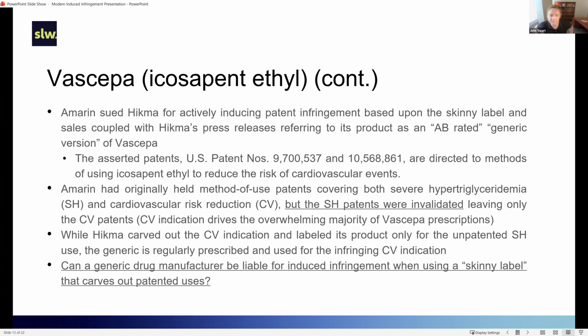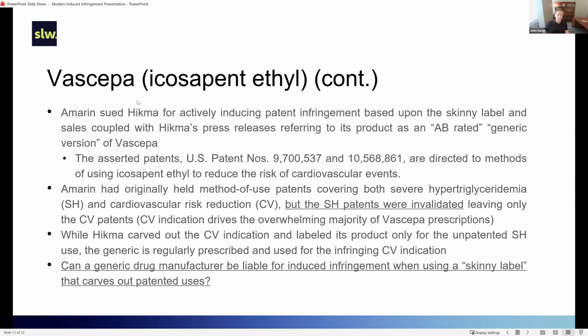So this is kind of a unique fact pattern, maybe even more blatant than the GSK fact pattern, where you have a brand name rights holder having patent rights to only the CV patents and the CV indication, but not the SH, which leaves a wide open window for a generic drug manufacturer like Hikma to use a Section 8 carve-out for the SH indication where there is no patent protection.